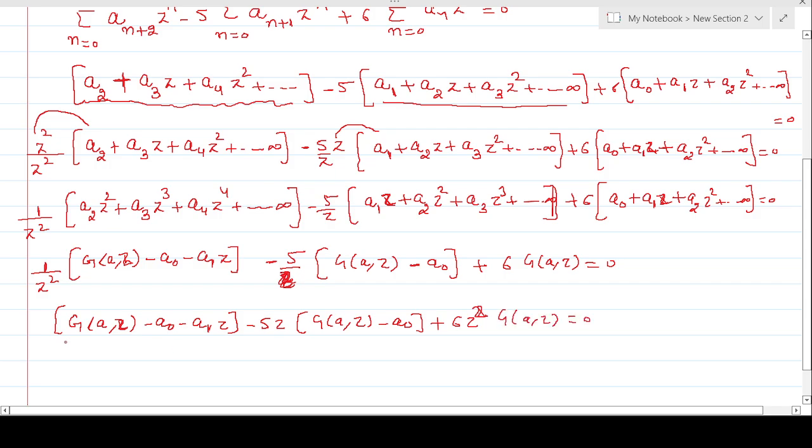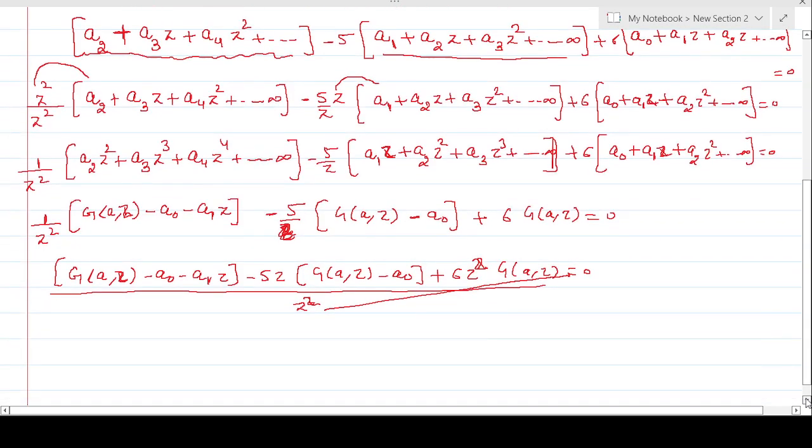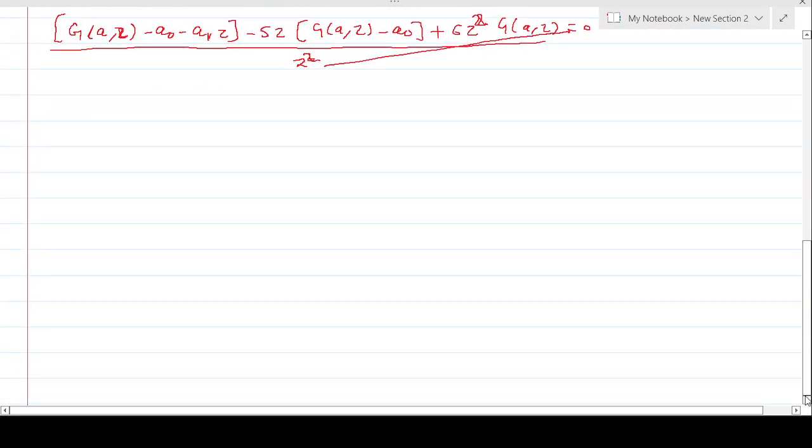Okay, so what is the LCM here? The LCM here is z square. Now when you multiply this z square with this 0, it ultimately becomes 0. So that is why we can remove z square from the denominator.